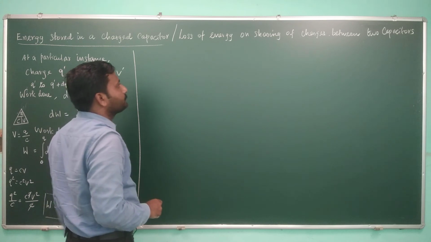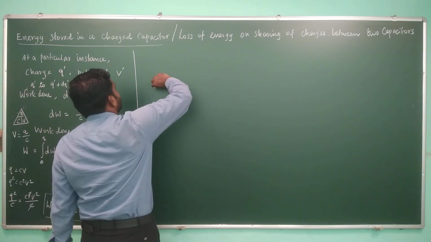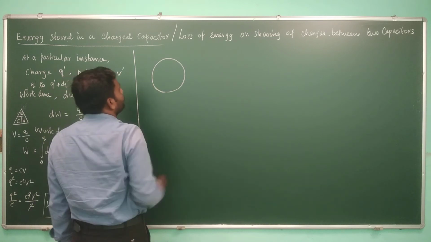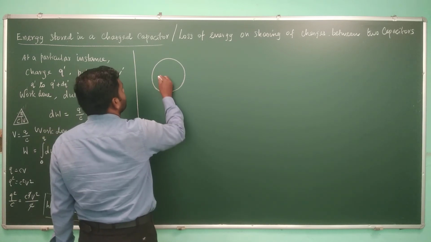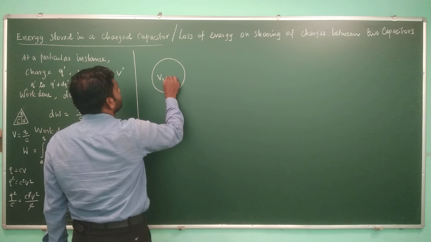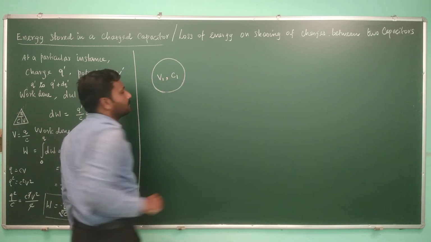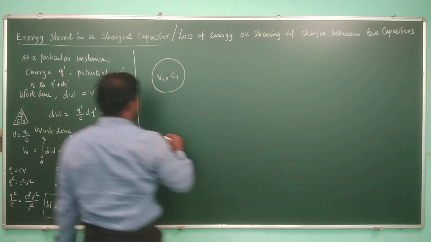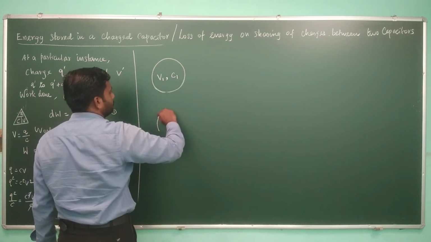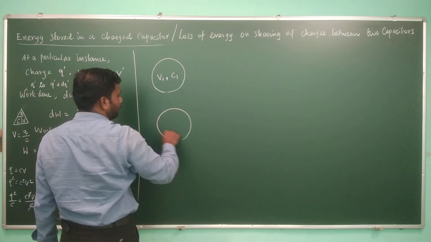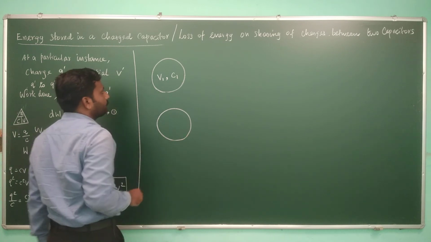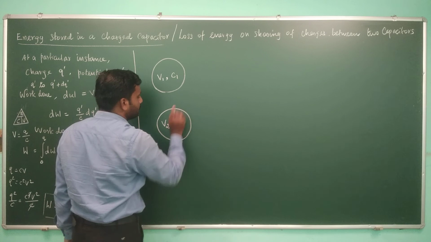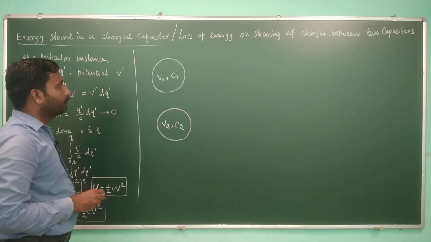What is that? So we are having a capacitor which has a potential V1, capacitance C1, and another capacitor which has potential V2, capacitance C2.